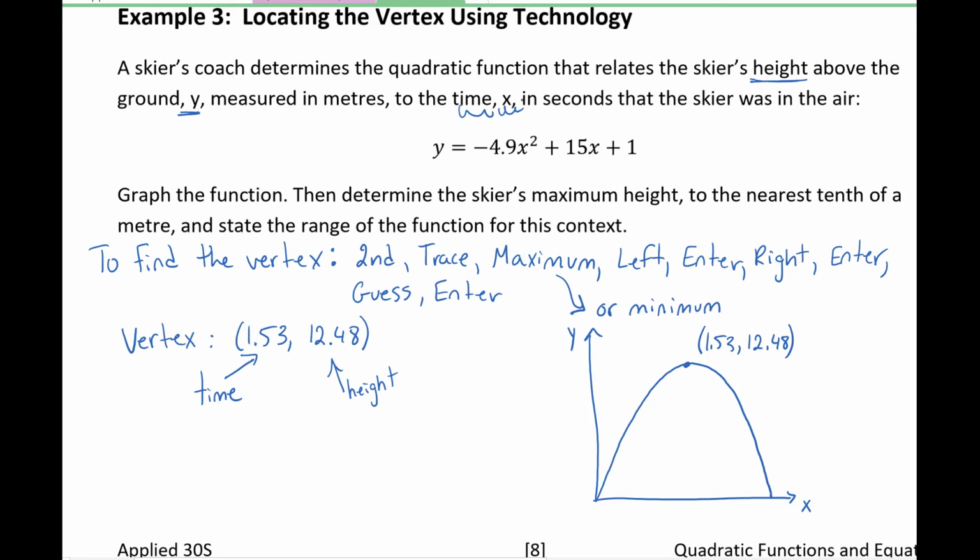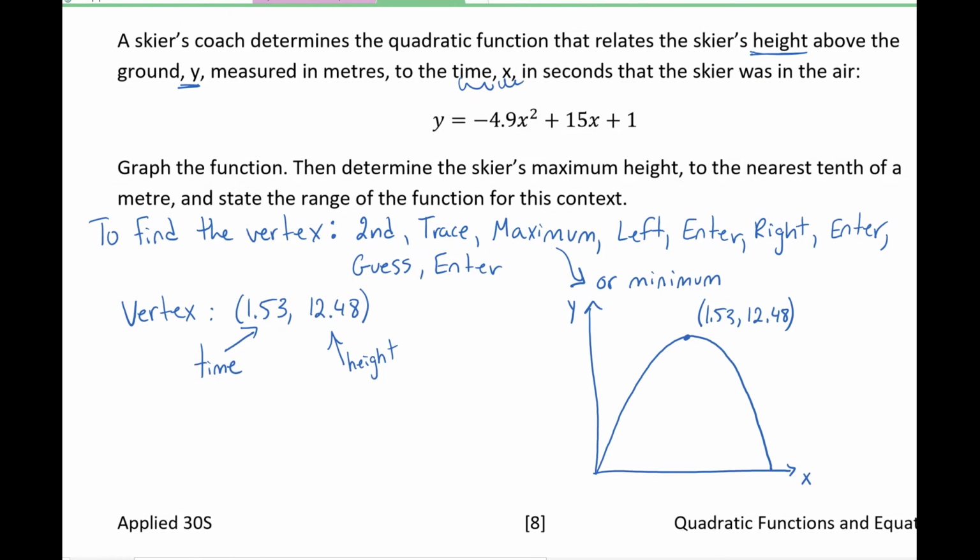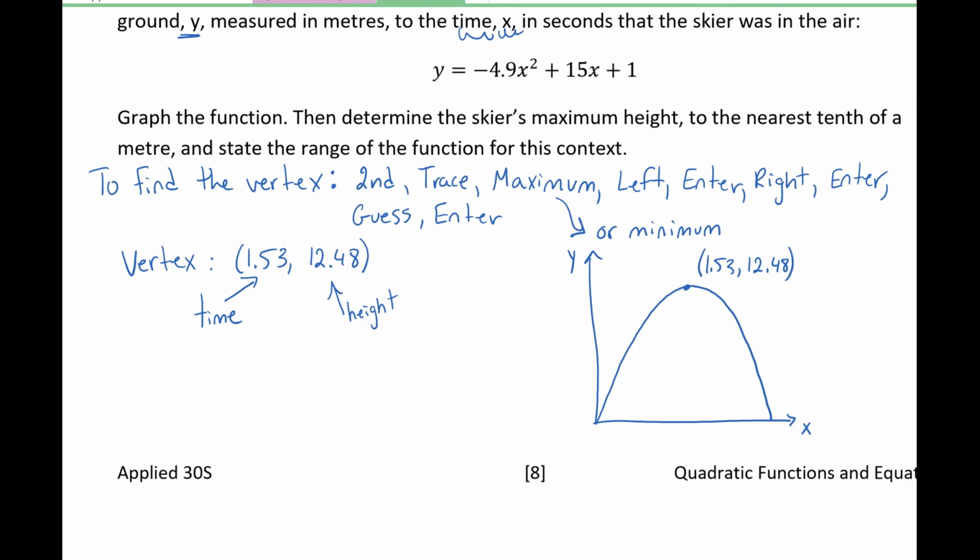Now the other piece of information I wanted to know is the range of the function. The domain is a little bit different, but what is the range? Well, we know that the maximum height is going to be 12.48 meters. Now we're giving units in there, which is really important.